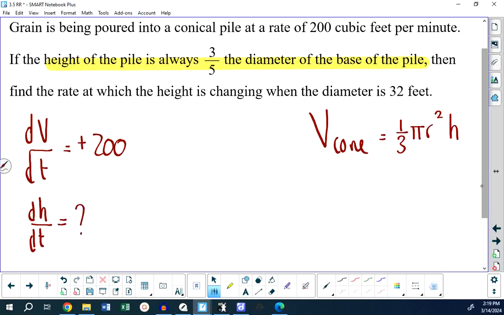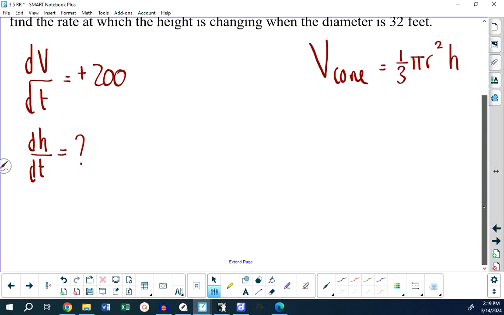Now, the classical approach, I'm just going to rewrite the formula without the word cone. The classical approach that you would see in most calculus textbooks is the following.